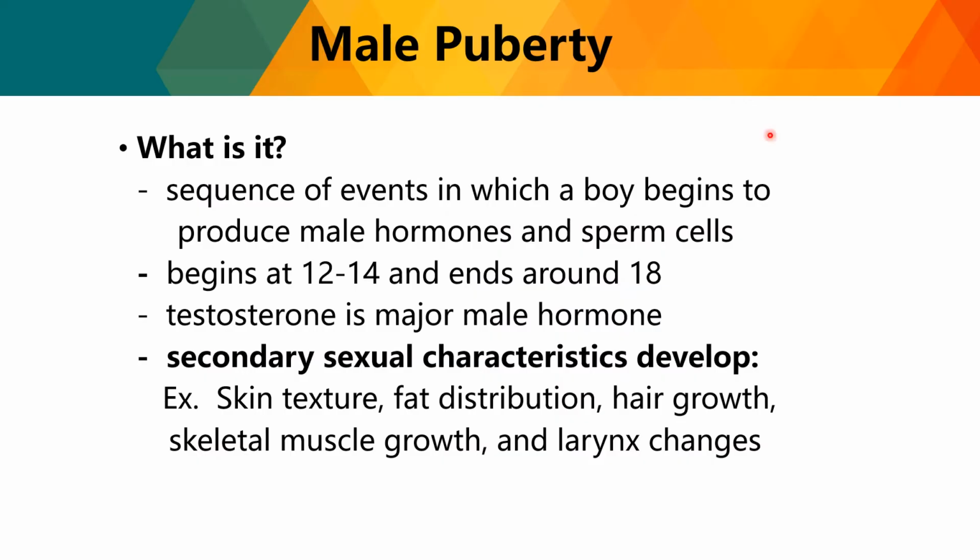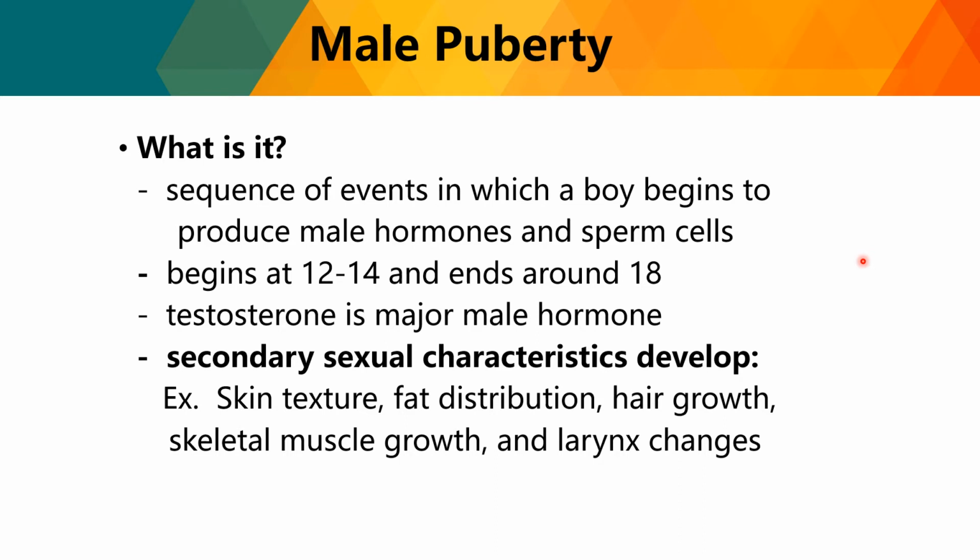For male puberty, it is actually a sequence of events in which a boy begins to produce male hormones and sperm cells. Please take note that the development of the sperm actually happens during the puberty years in a male. Okay? Later on, I will be telling you why you should remember when this progress or growth happens in male.